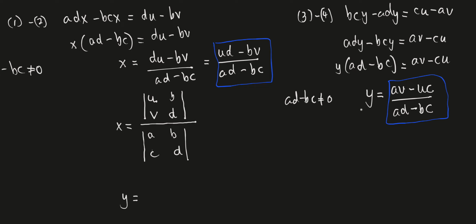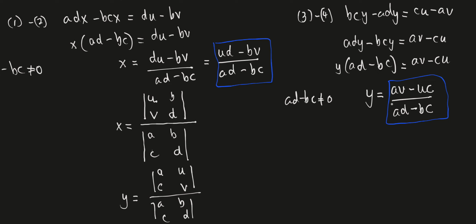It has the exact same denominator, so I can use the exact same determinant here, your A, B, C, D. The numerator is a little different though, but the A and the C are in the same position, so I can keep these as A's and C's, and then simply replace the D with V, right here, and then the B with the letter U, right?